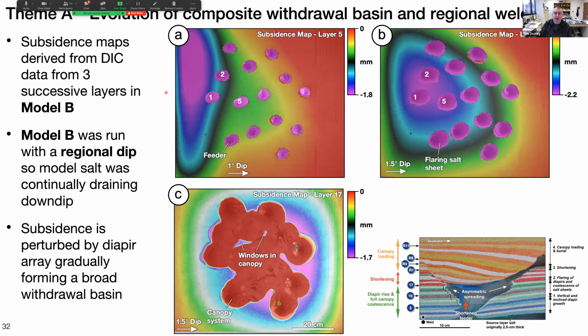So we actually had deep salt flow pulling out from the edge of the system, which was just out here. But you can still see that subsidence is perturbed by our array here.